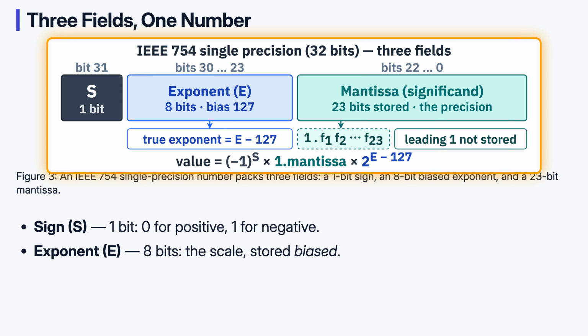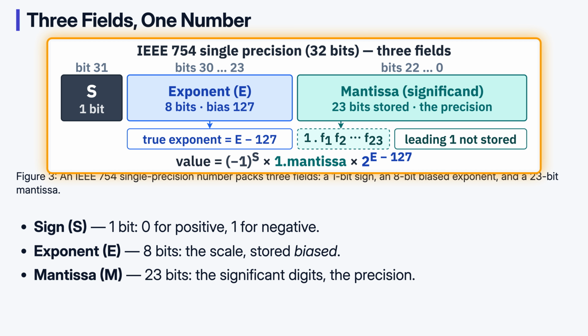It controls the scale, that is, where the binary point sits, and it is stored in a special biased form we will unpack next. Third, the mantissa, also called the significand, 23 bits that hold the significant digits. The mantissa is the precision payload. More mantissa bits mean more significant digits.